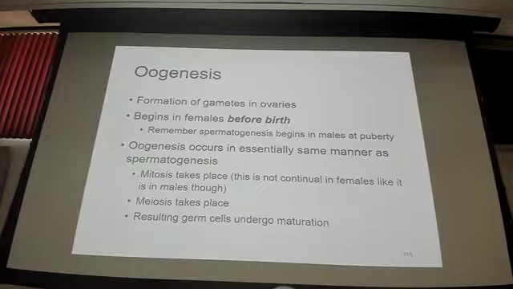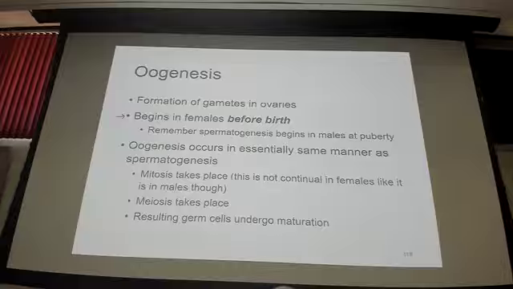Just like spermatogenesis, the prefix oo relates to ova and relates to ovaries, okay? So, before birth is where oogenesis begins. Remember, if you talk about spermatogenesis, you have something called pre-spermatogenesis, but you don't really have the development of mature sperm cells in a male patient until puberty, all right?